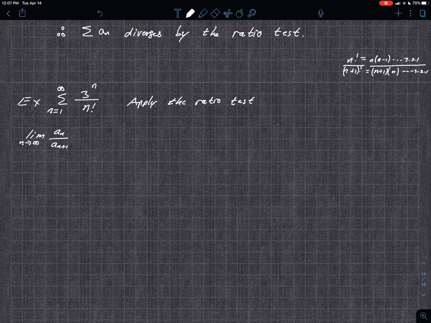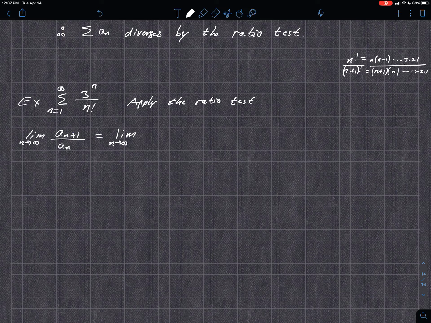So it's a sub n plus 1 over a sub n as n approaches infinity. Oops, reverse that.